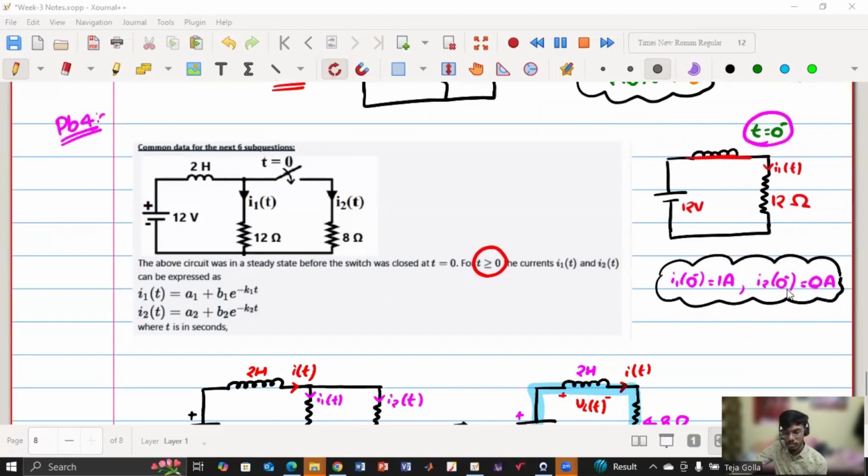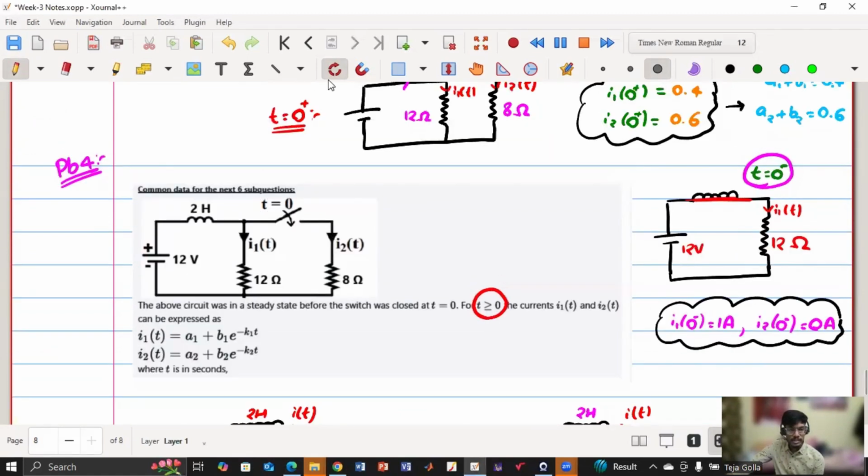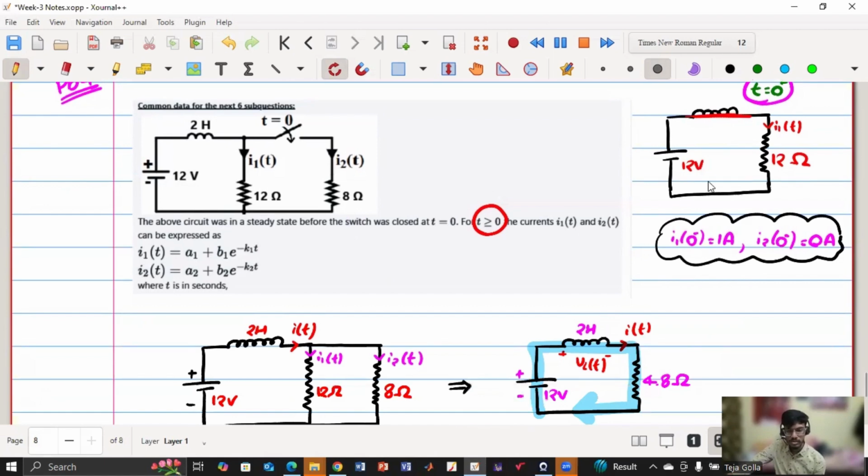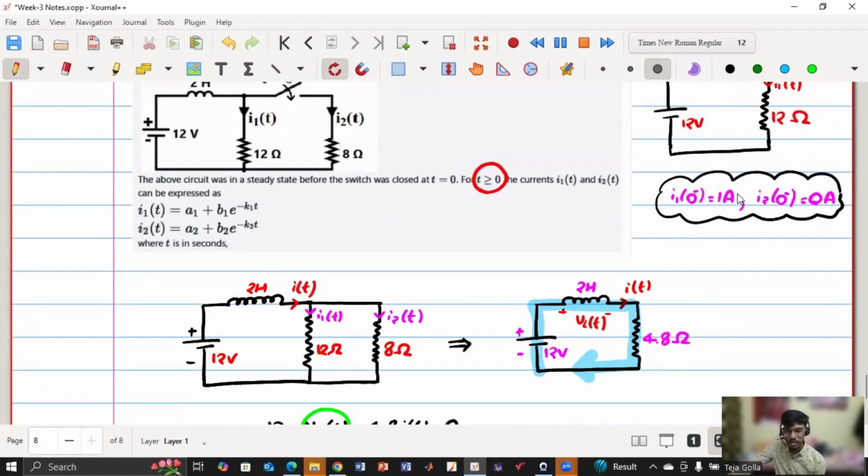What is I2 of 0 minus and what is I2 of 0 plus? One should be very clear about this concept. They are not the same, they are different. This type of question can be asked in the exam. The problem is the same, but a question that they have not asked in the assignment, they can ask in the exam. This is a very conceptual question and one can make mistakes. So I hope it is clear now.